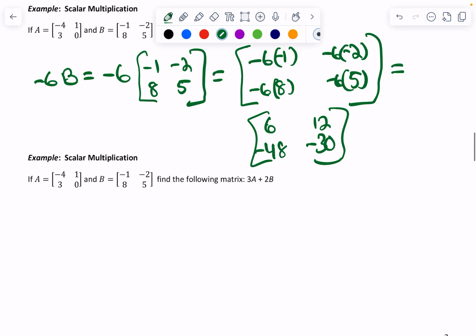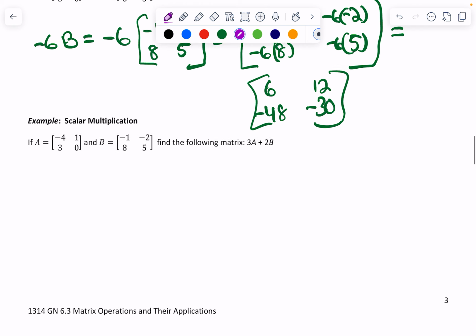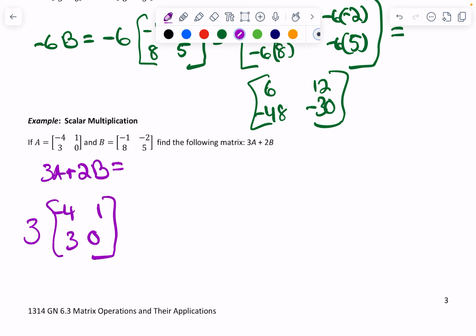Okay, the next example is still scalar multiplication. Now we are finding 3A plus 2B. So 3 times matrix A plus 2 times matrix B. Let's multiply each element of matrix A by 3.